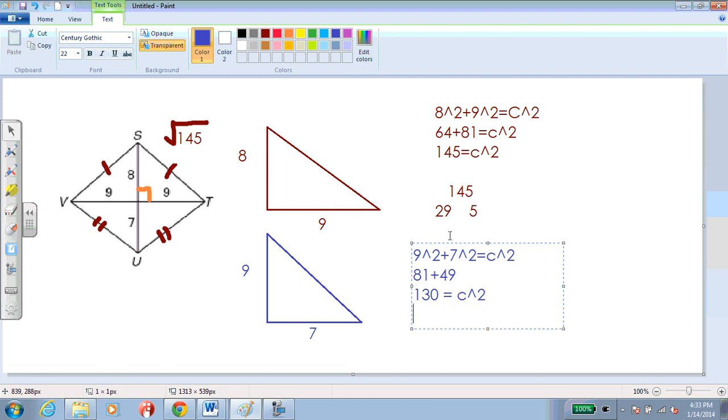Now again, I have to square root both sides of the equation. And I want to think to myself if 130 can reduce. So I'll make a factor tree. I know that 13 and 10 multiply to give me 130. 10 breaks down to 5 and 2.